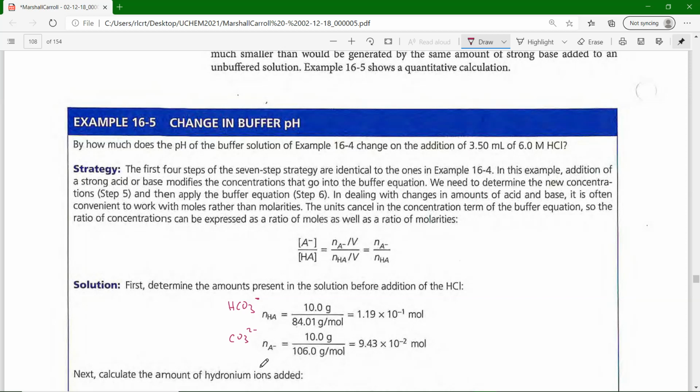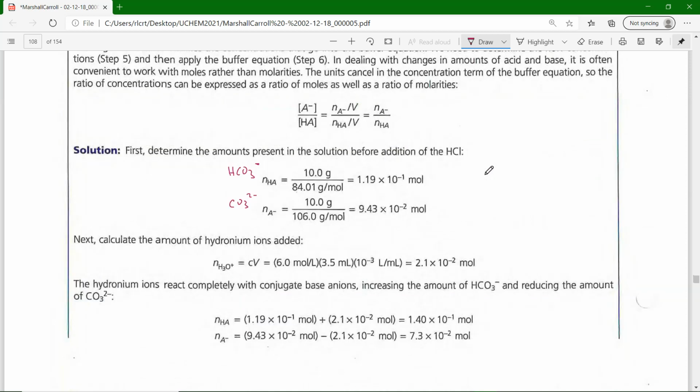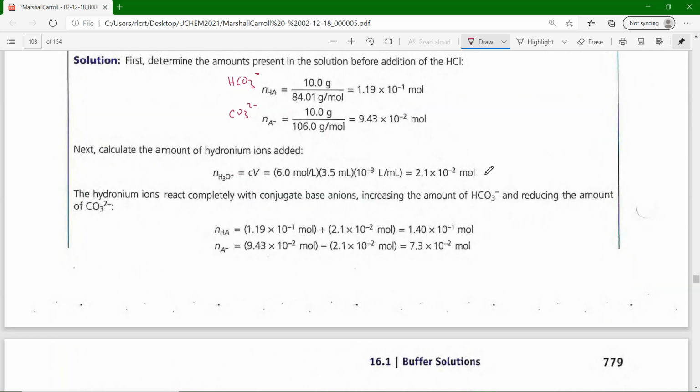Now we bring in the HCl, 3.5 mL, so that's 0.0035 liters times 6. And you get 2.1 by 10 to the minus 2 moles. So you now, oh, they're going to avoid using a table.